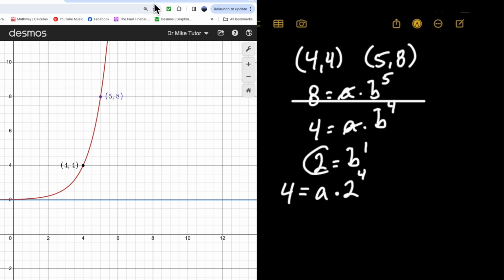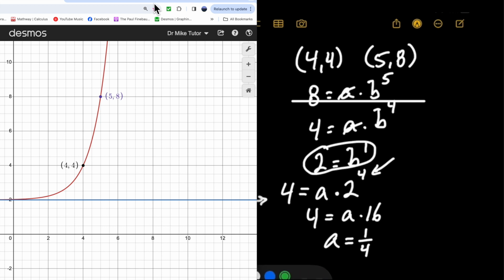That's using the fact that we have b, and we're using x equals 4 and y equals 4. We're going to get 4 equals a times 16, which is 2 to the 4th power, and a is going to end up being 1/4. So our final equation, folks, down here in green is going to be y equals 1/4, which is our a value, times 2 to the x power.